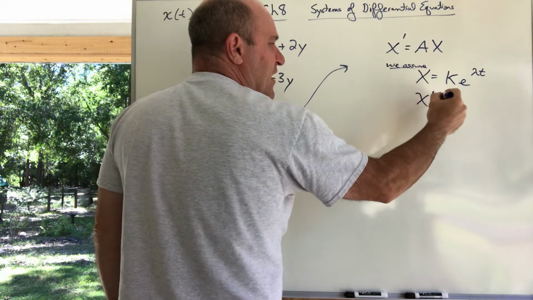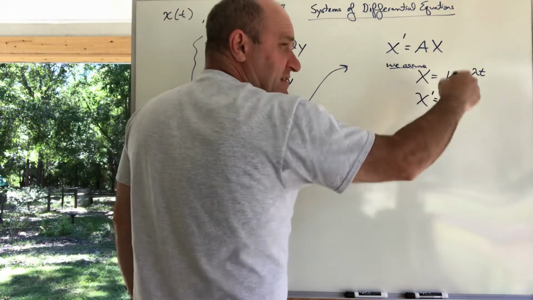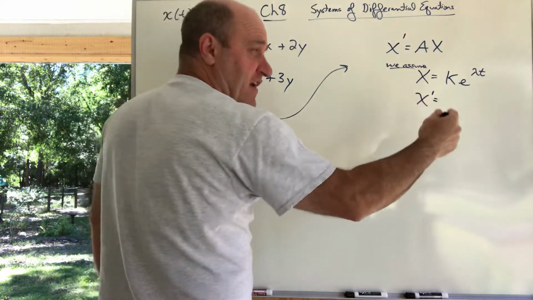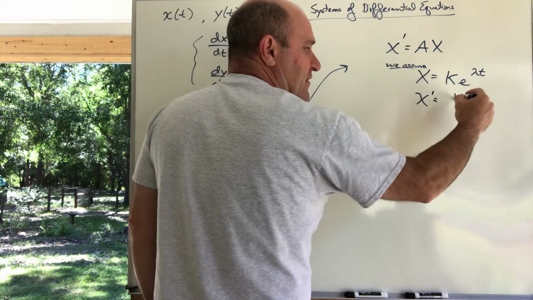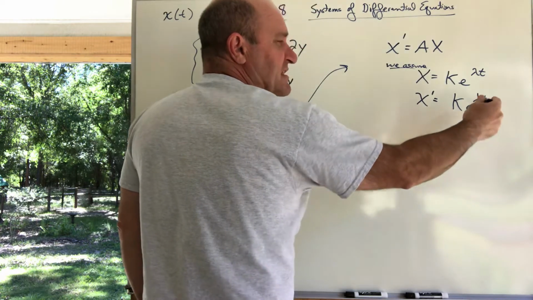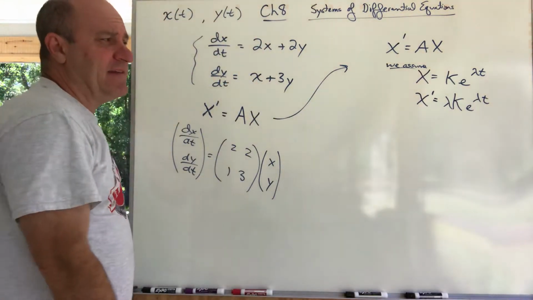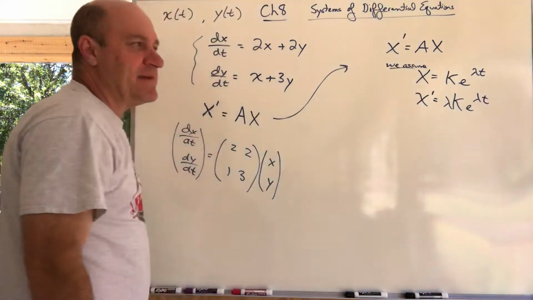Let's find X prime. This k is a constant vector, a column matrix. When you take the derivative of e to the lambda t, the chain rule spits out a lambda, so X prime is lambda k e to the lambda t.